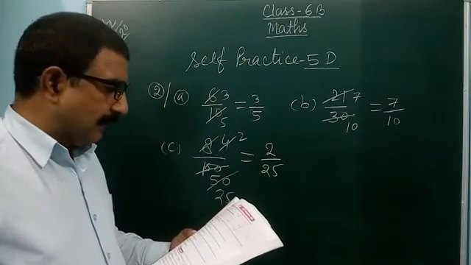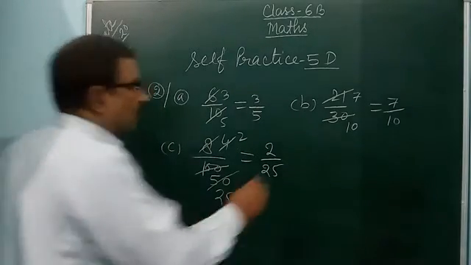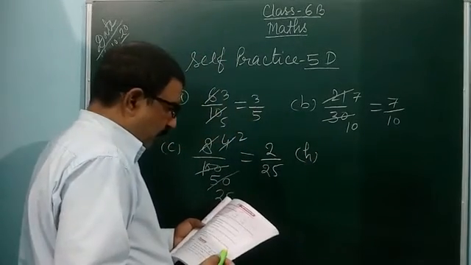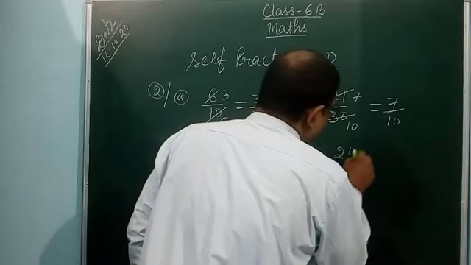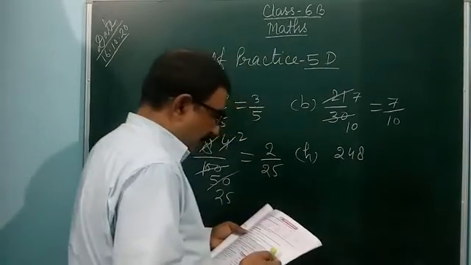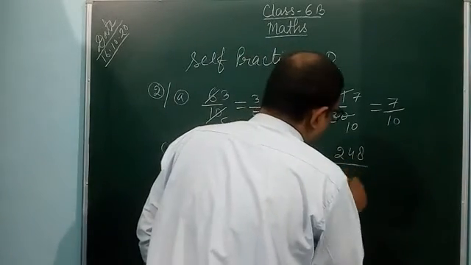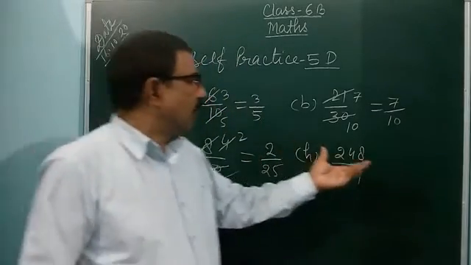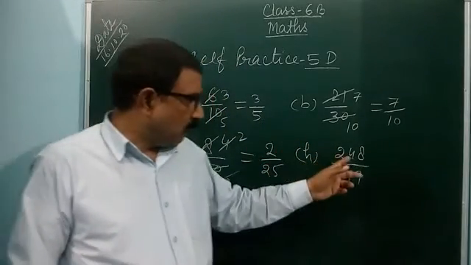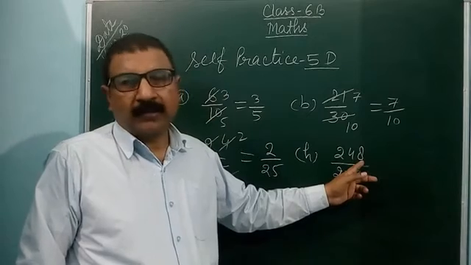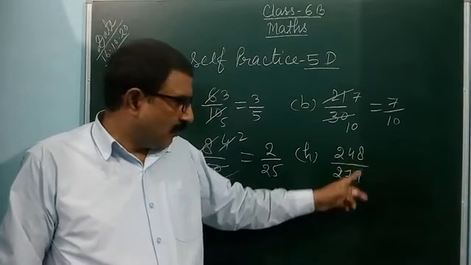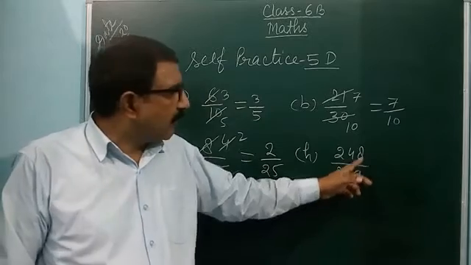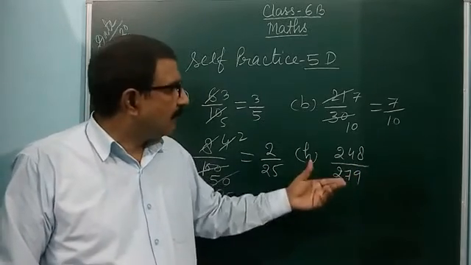You can see H and I. Question number H, it is also very easy. 248 by 279. You can take the divisibility rule. 248 is divisible by 2 because the one's place is 8. But in 279, the one's place is 9. So it is not divisible by 2 for both. So you can try by 3.